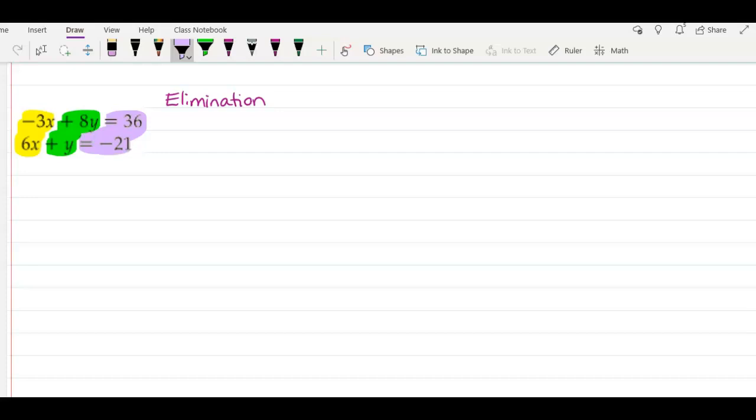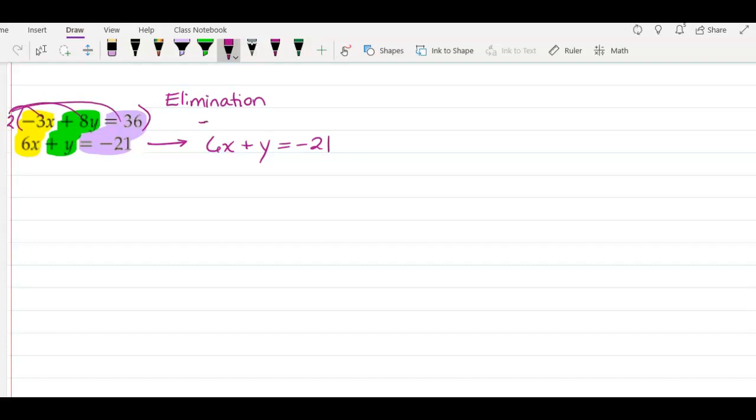Neither the x coefficients are opposites nor the y's, so I have a choice. I need to do something to make them opposite, so I'm going to leave the second equation just how it is. My first equation, however, I'm going to double it.